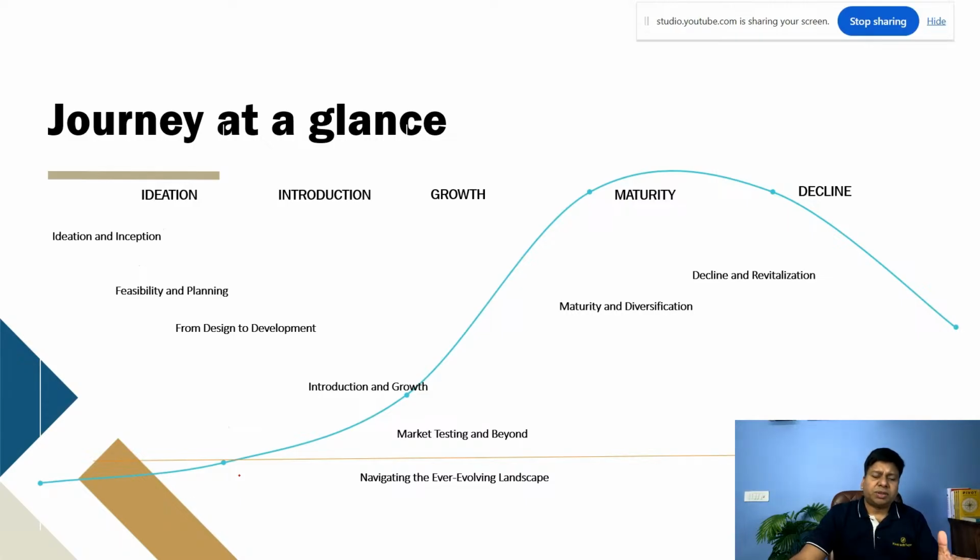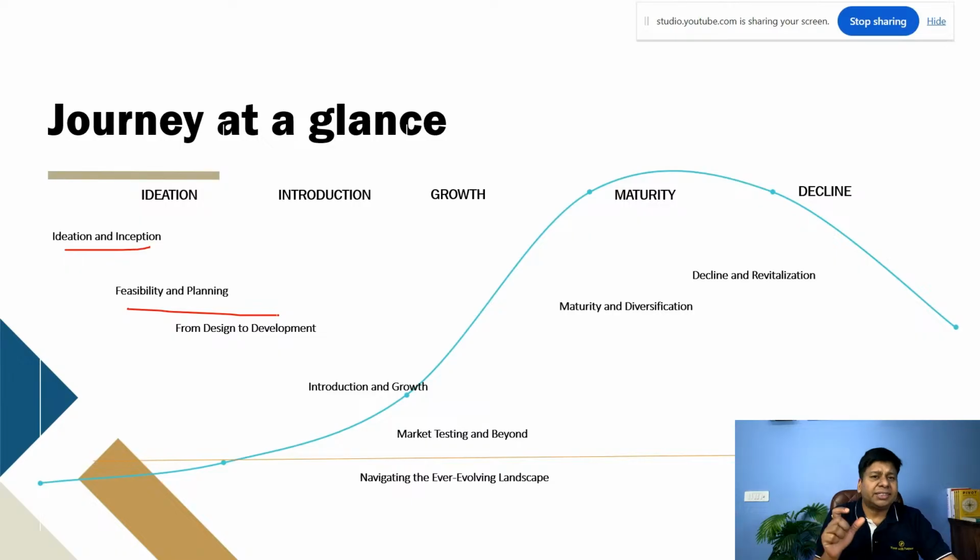Just for the recap, we previously discussed ideation and inception. There, we discussed the tools, how to brainstorm, how to do market research, and how to validate that the idea is good, whether we are solving the right problem or not. After that, we discussed feasibility and planning.